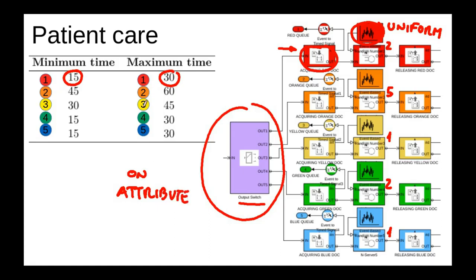If attribute is 1, the entity that comes into the block is output by output number 1. If the attribute color is number 2, the entity will go through output number 2, and so on.